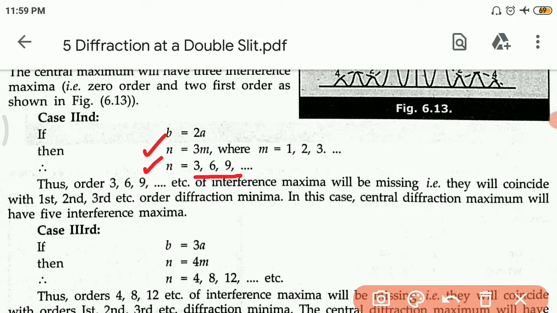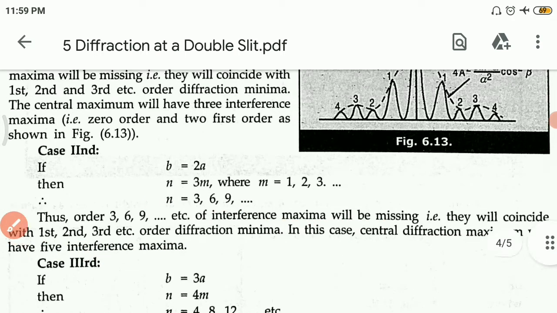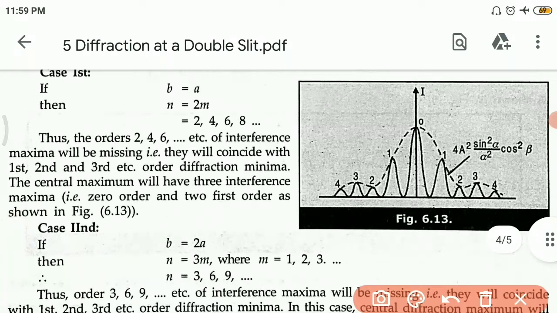That means the orders 3, 6, 9 etc. of interference maxima will be missing, and they will coincide with the first, second, third etc. order of the diffraction minima. So in this case the central diffraction maximum will have 5 interference maxima. Just imagine the central diffraction maxima.